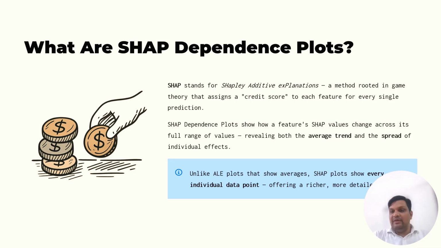So SHAP is based on game theory. Unlike ALE, which shows average, SHAP shows individual predictions.